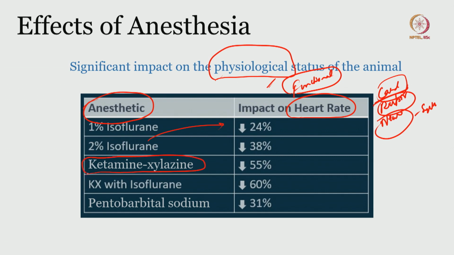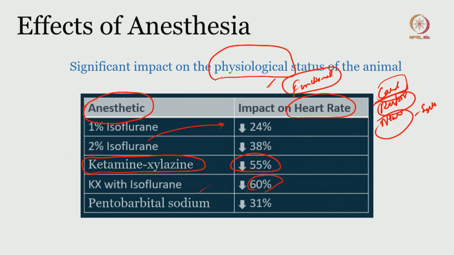The combination of ketamine and xylazine has a direct effect on the heart rate, which depresses it to around 55% of its baseline. That is how much its effect is. Isoflurane is another agent, which brings it to 60%.